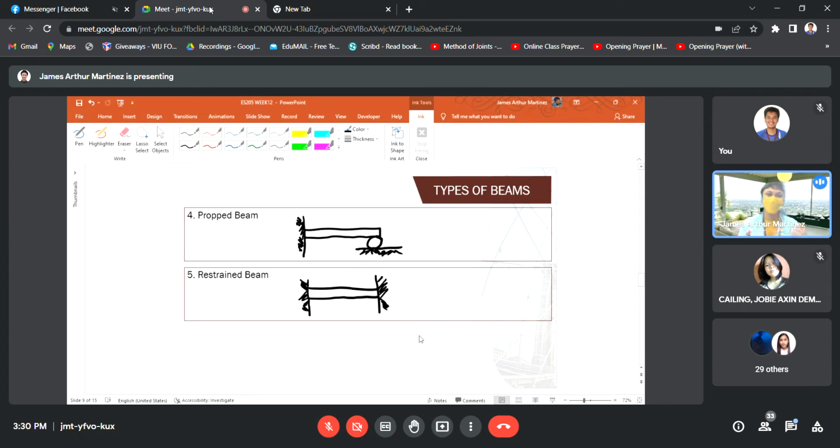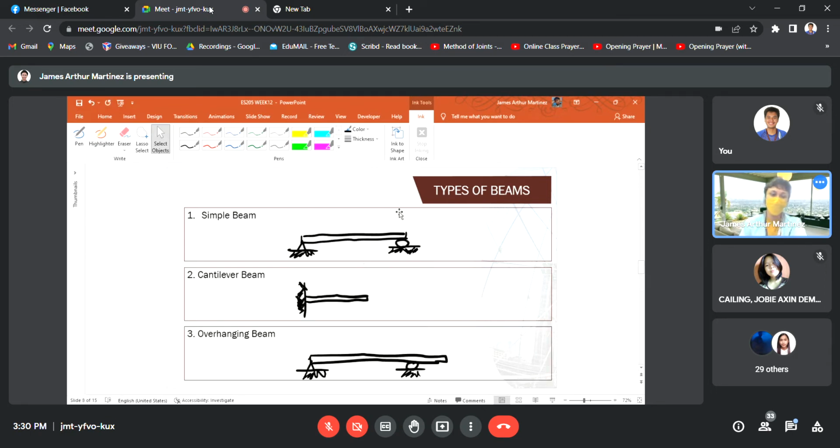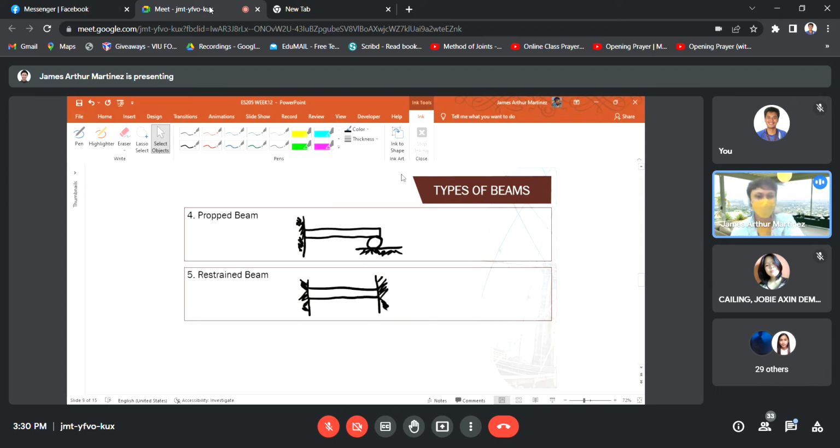However, class, in mechanics of deformable bodies, this is not part of our scope. Our scope here is to consider only statically determinate beams.